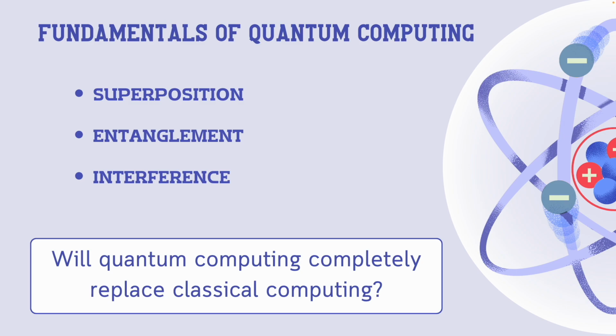While quantum computing offers significant advantages for certain tasks such as cryptography and optimization, classical computing remains essential for general purpose computing and interfacing with existing systems. Additionally, challenges like qubit coherence and scalability limit the widespread adoption of quantum computing.